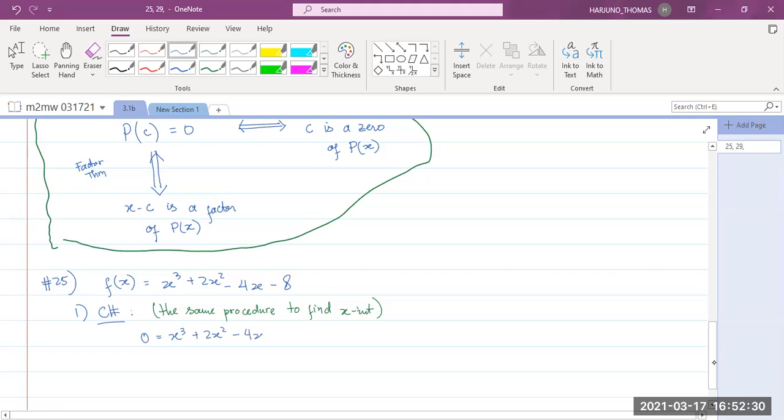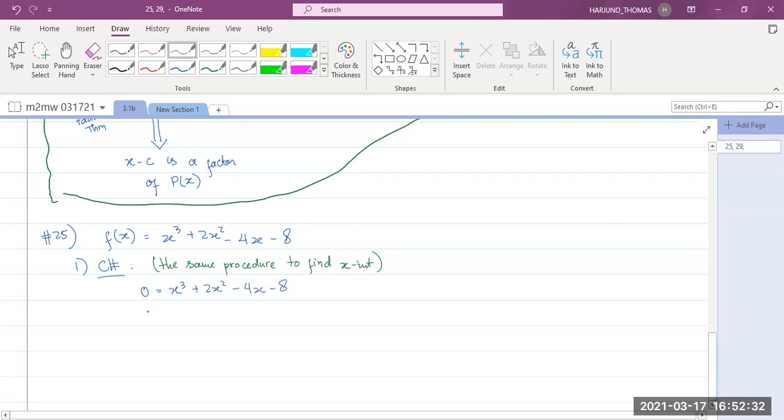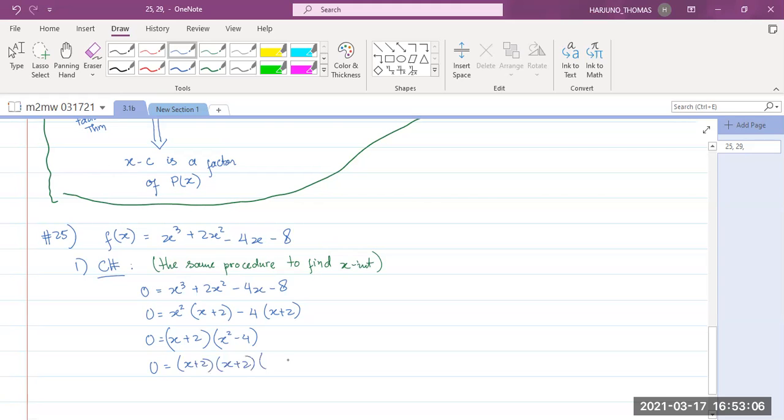And then we can factor this by grouping. So this is x squared times (x plus 2) minus 4 times (x plus 2). Oh, I'm sorry, the common factor is x plus 2. So (x plus 2) times (x squared minus 4), which is (x plus 2)(x plus 2)(x minus 2).